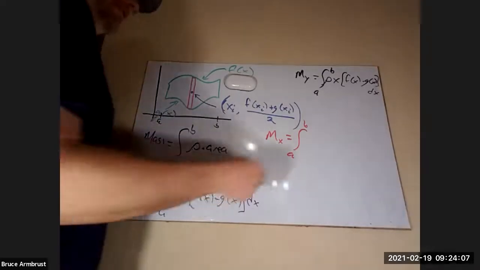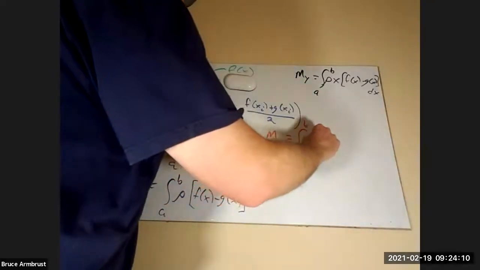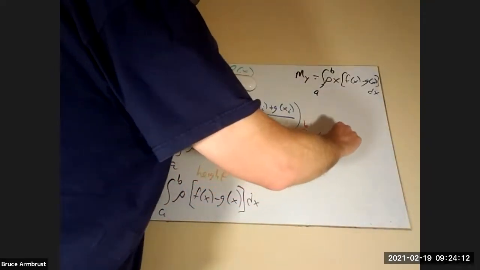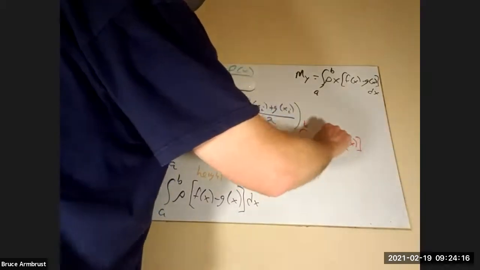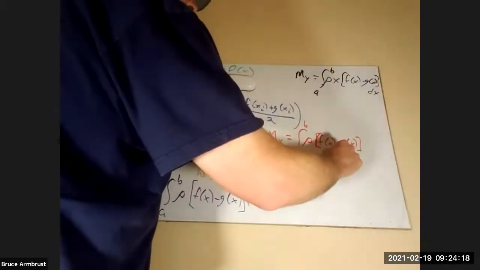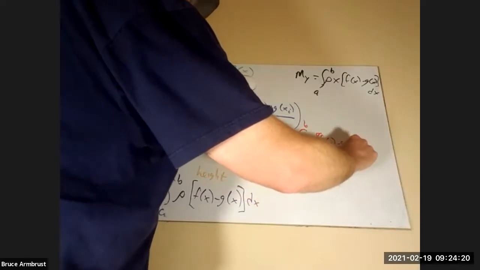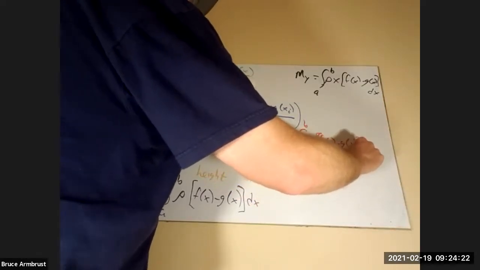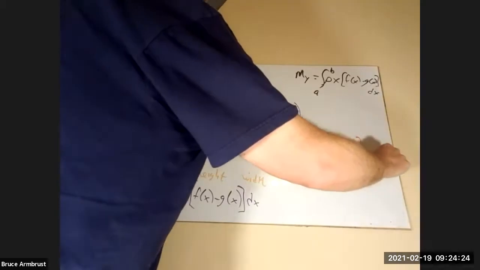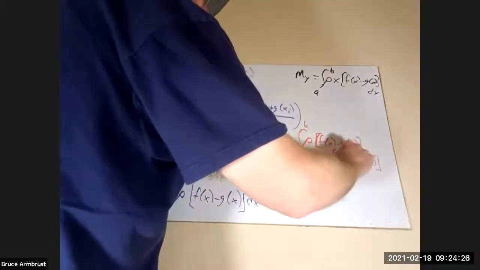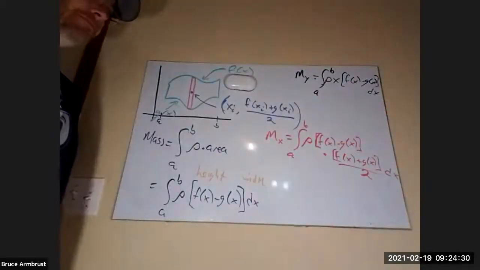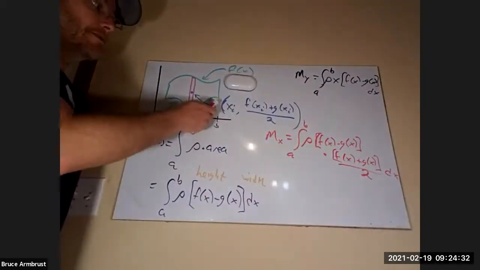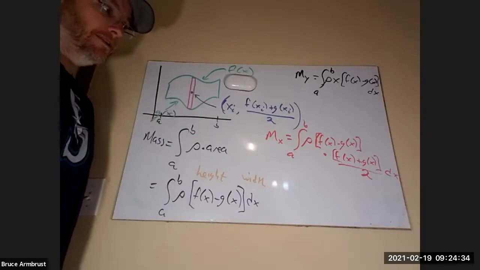The mass was rho times f of x minus g of x. But now we need to multiply that by f of x plus g of x over 2, because that was the y-coordinate of this thing.